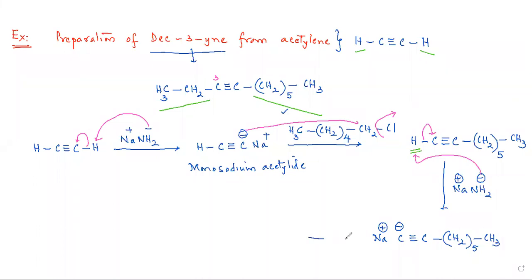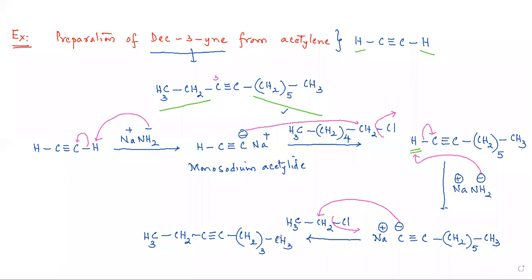Now let us take this alkyl halide. Finally, this is what we get. Sorry, this one is CH2 taken 5.